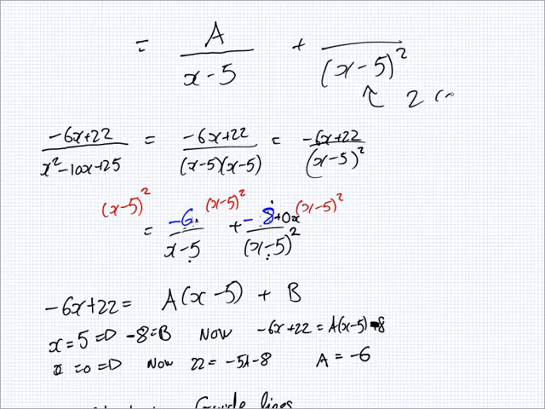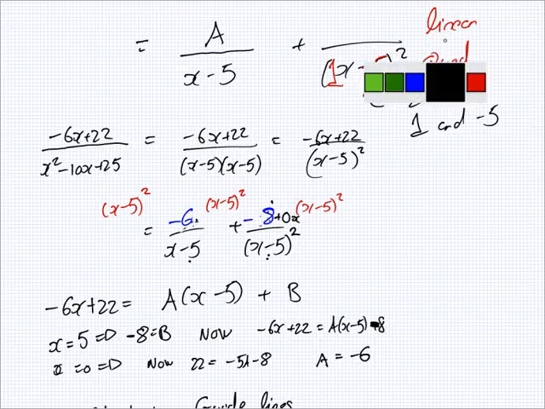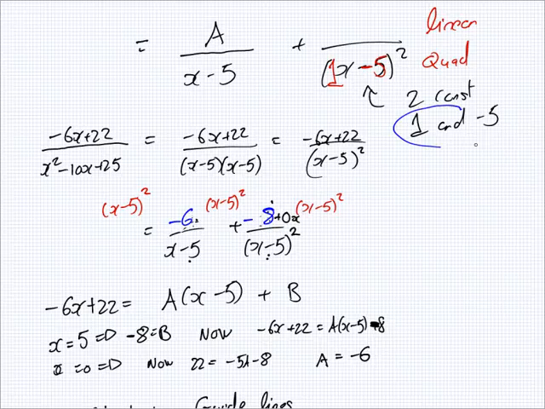There are 2 constants: 1 and minus 5. Here's the 1 and here's the minus 5. What type is this here? It is quadratic. So what should we have on the top? We should have a linear. How many constants should be in our linear? 1. Because here there were 2, so on the top there should be 1.